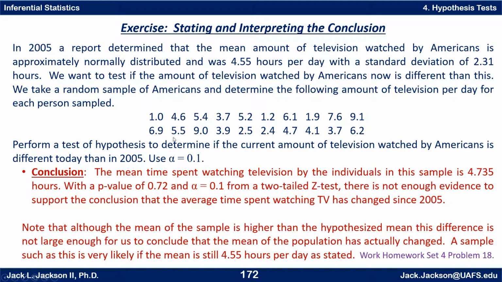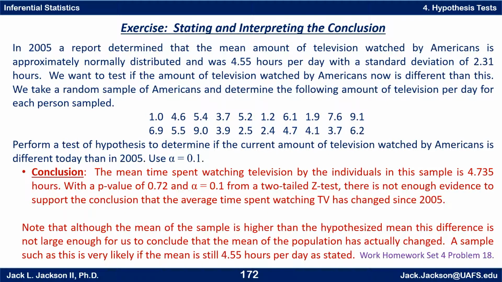So the blue text up at the top is our original problem. Let's read the red down here. Notice that we state the final conclusion in a sentence or two. This conclusion should be phrased in the context of the original problem. It should include the type of test used, the p-value, and the alpha value. Let's see if my statement does that.